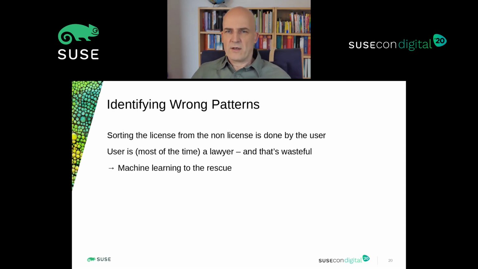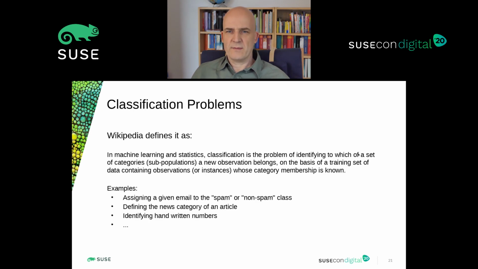So the thought of using machine learning there is quite natural nowadays, but it took quite some time to get it right. So what we have here is a typical classification problem. We have to define, is this a license or is this not a license? Is this worth creating a new pattern or is this not worth creating a new pattern? And these classification problems have been around for a long time in computer science, and classic examples are spam or non-spam.